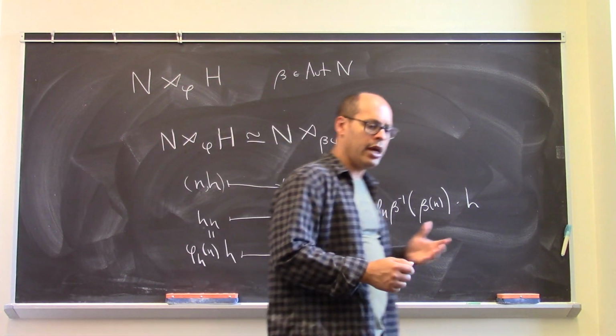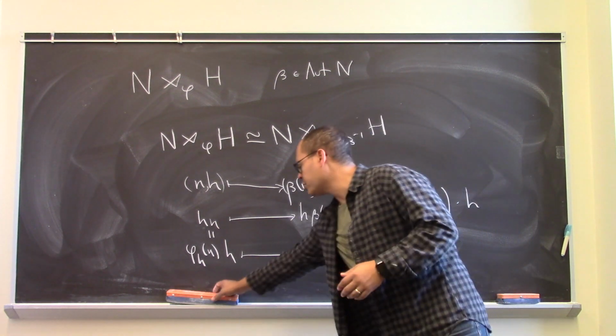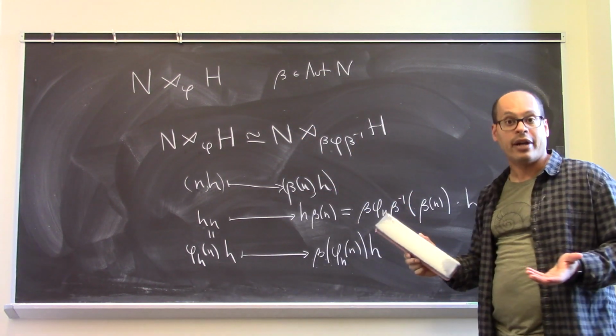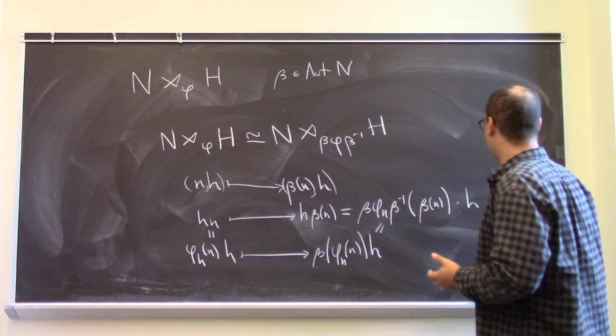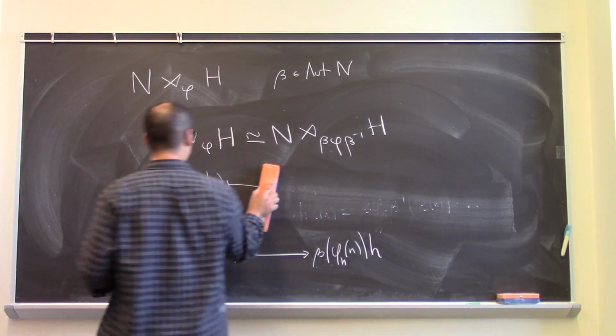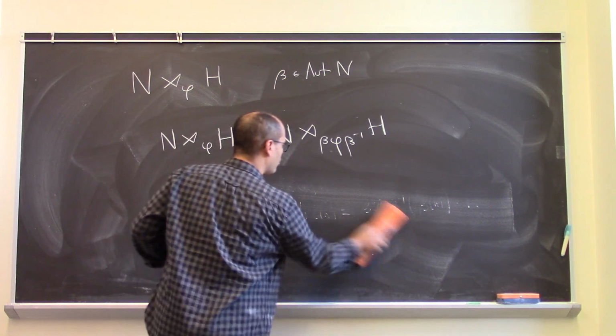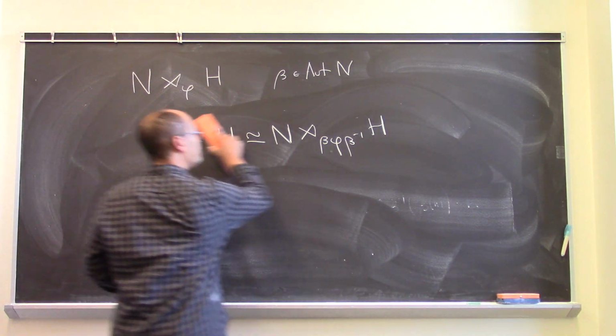So this is a particularly useful thing. It lets us use a little bit of linear algebra occasionally to tell these semidirect products apart, or say which ones are the same.